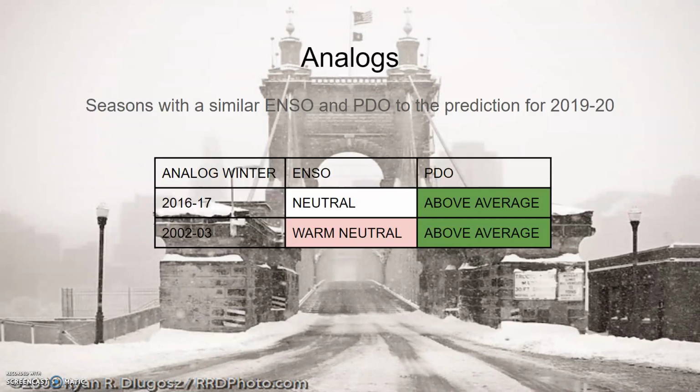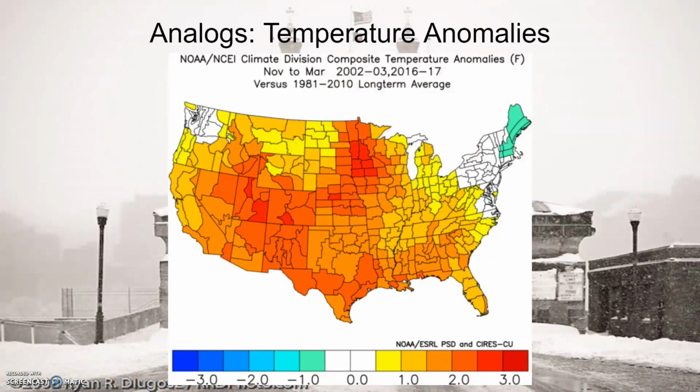So let's see how these winters looked. The bad thing with those analogs is that both had very warm winters for basically everybody but the northeastern US.